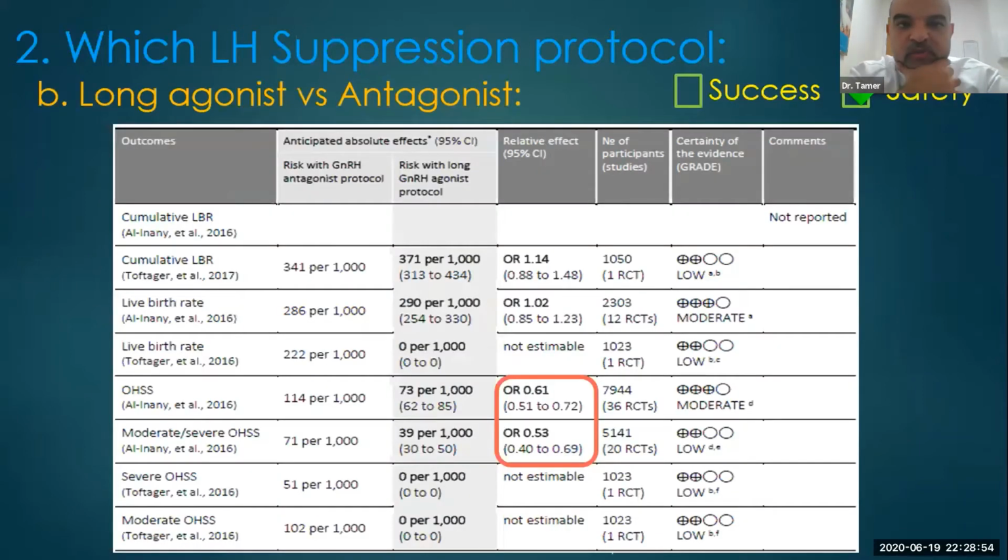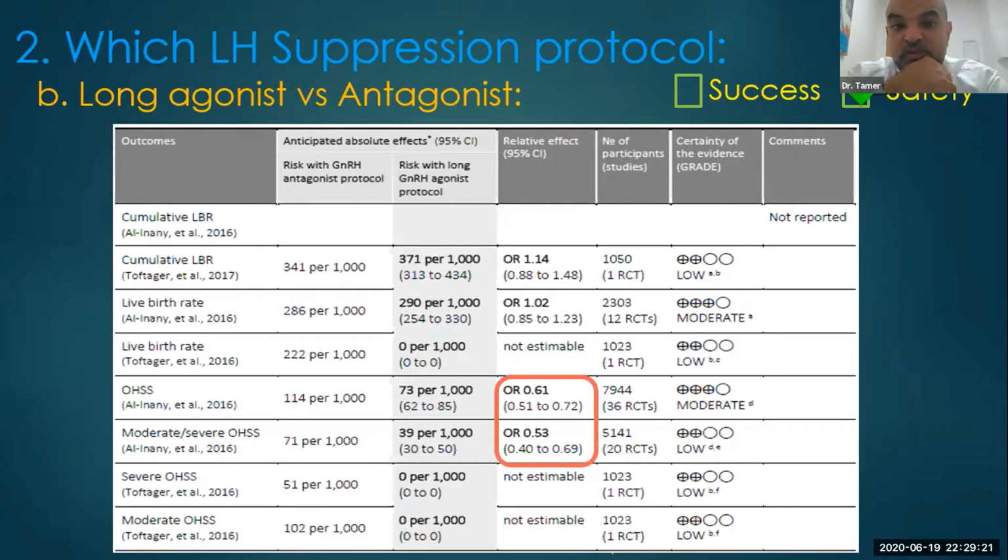However, you don't have to use the agonist. We prefer that you use antagonist. Again, we are here in normal responders, your usual patient. Why use antagonist? Again, is it more effective? No, it is safer. So probably you will have the same live birth rate, the same cumulative birth rate, whether long agonist is your thing or antagonist is your type of treatment.